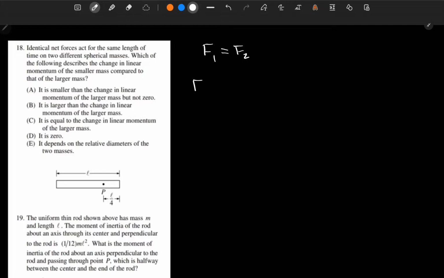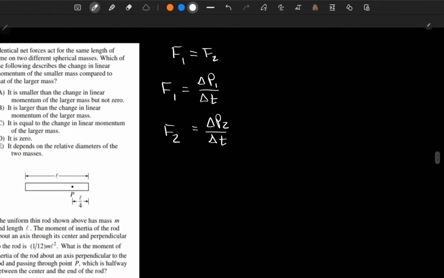Then, we know that these forces should be equal to the change in momentum divided by the change in time. Then, F2 is also equal to the change in the second mass's momentum divided by the change in time. Equating these two, we find that delta P1 divided by delta T is equal to delta P2 divided by delta T. These delta T's are the same, so we can cancel them.